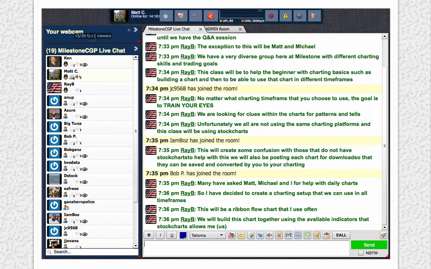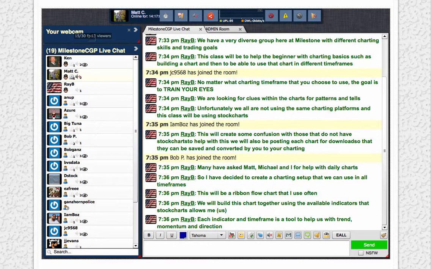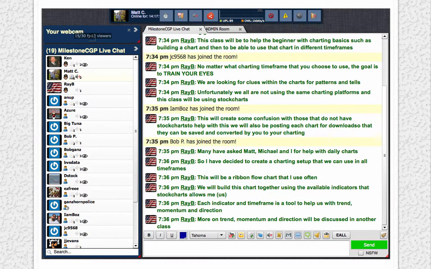We will build this chart together using the available indicators that stock charts allows us. Each indicator and time frame is a tool to help us with trend, momentum, and direction. More on trend, momentum, and direction will be discussed in another class.